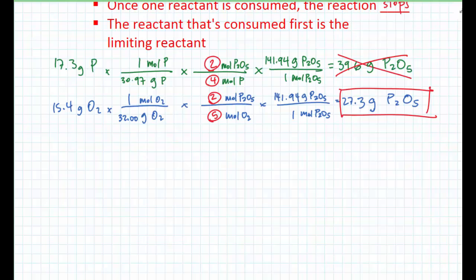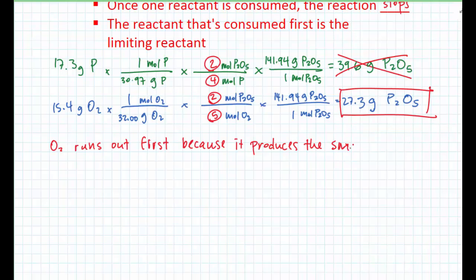Right? So, which of these two is the reactant that runs out first? Well, it's the O2. Let's write that. O2 runs out first because it produces the smallest product mass.